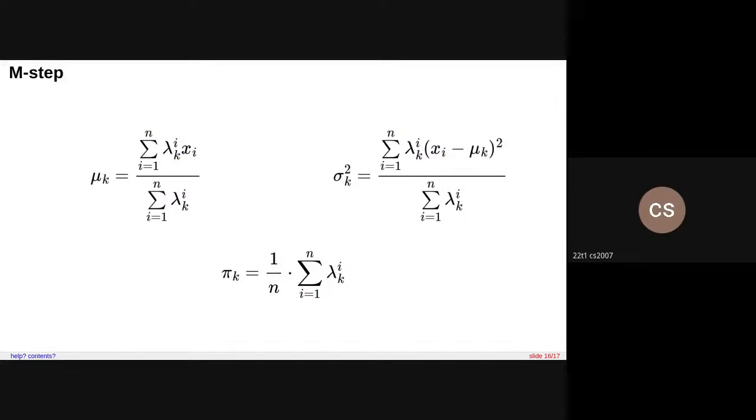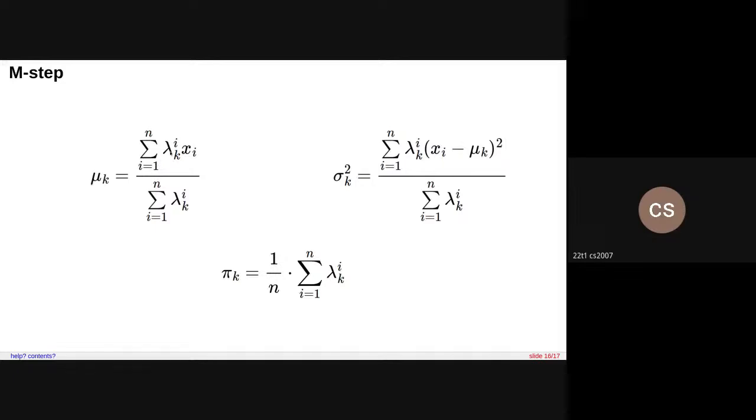The weight for each data point is nothing but the probability that this data point belongs to cluster K. I'm trying to compute the mean of cluster K, and I'm looking at all the data points in the data set. That's why I'm summing from 1 to n. But for each data point, I'm asking this question: do you belong to this cluster?